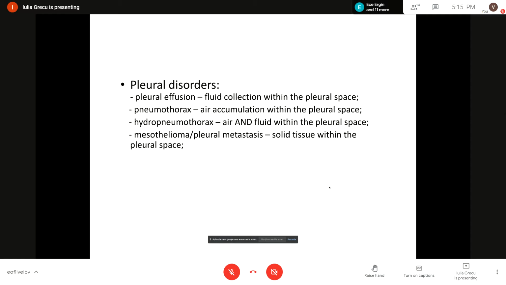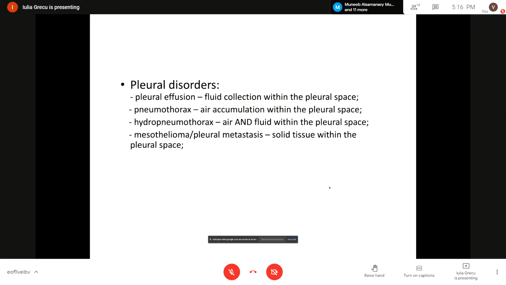And if we have a mixture of air and fluid within the pleural space, then we talk about hydropneumothorax. The solid lesions that we can find in the pleural space are mainly represented by mesothelioma, which is the primary tumor of the pleura, and by pleural metastases. These are the main things that we will talk about.